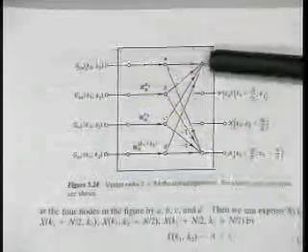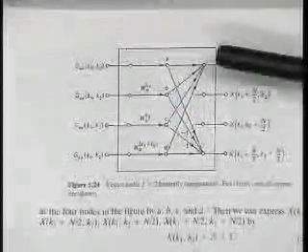For each output point, there's 4 arrows coming in. It's an addition of 4 numbers. So how many adds do you need to add up 4 numbers? 3, right? So 3 for each of the 4 outputs, 3 times 4, 12 adds. So looking at this butterfly picture, we need 12 adds and 3 mults.